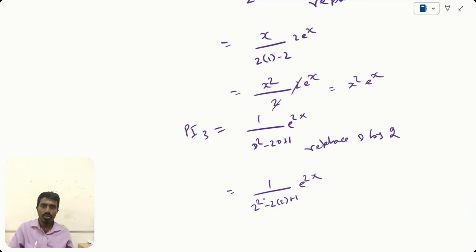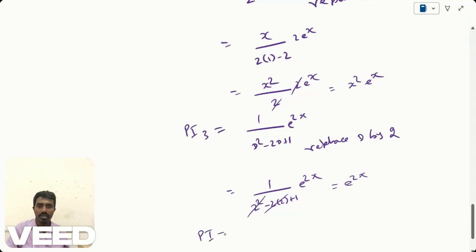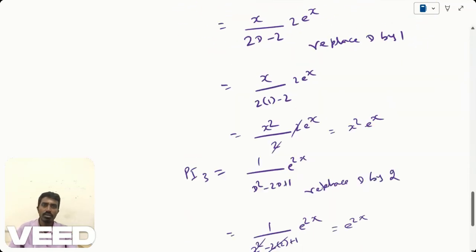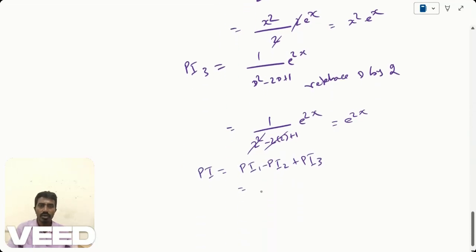Then 2 square is 4 and 2 into 2 is 4, plus 4 minus 4 get cancelled. Then simply you get e power 2x. So PI is nothing but PI1 minus PI2 plus PI3. PI1 is simply 1. So 1 minus PI2 which is x square e power x, plus PI3 which is e power 2x.